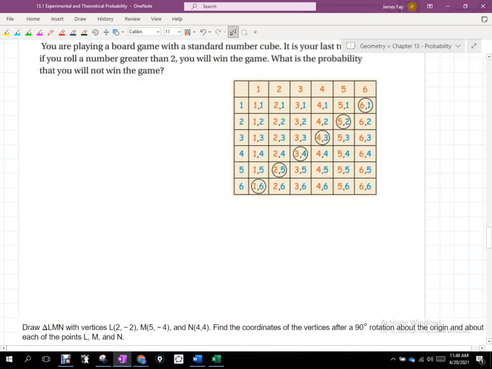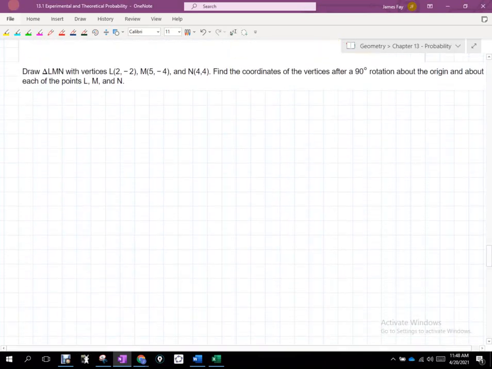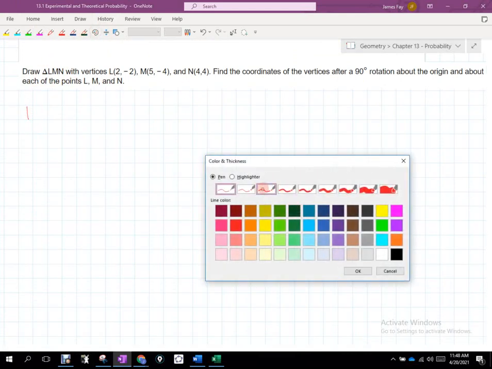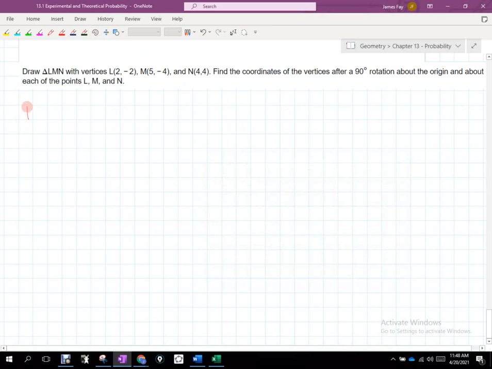All right, so remember our rotational rules. If I take a rotation of 90 degrees, and it's about the origin, a lot of times they'll say R with a subscript of 90 degrees, comma O, or they might write comma origin at the bottom.